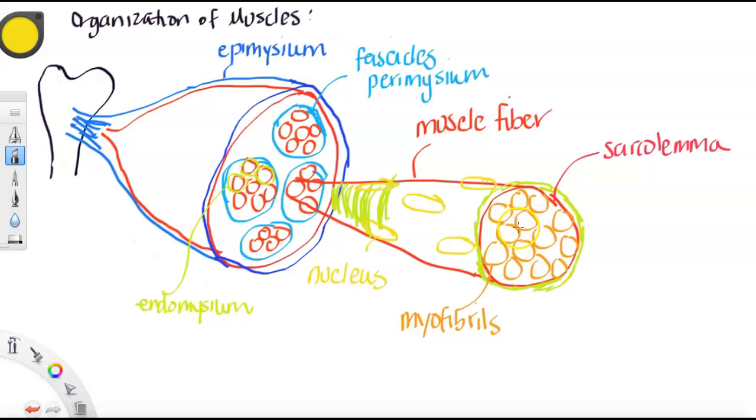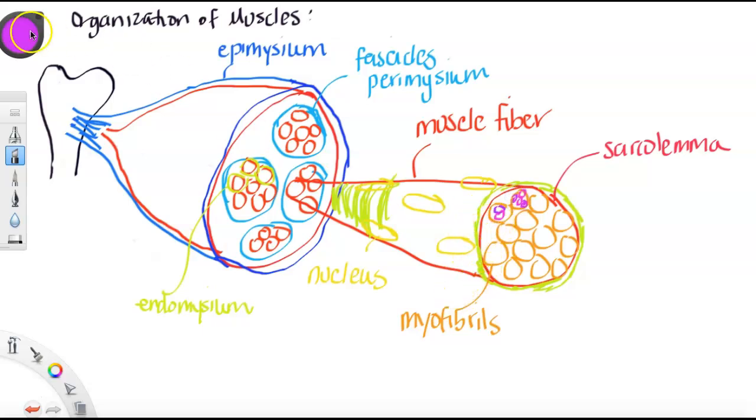There are so many myofibrils in there, they take a lot of room, so they kind of push those nuclei to the periphery there. So the myofibrils are made up of little proteins, right? Right, so they're just like in here, and I can't draw them very well, but so we'll do that.